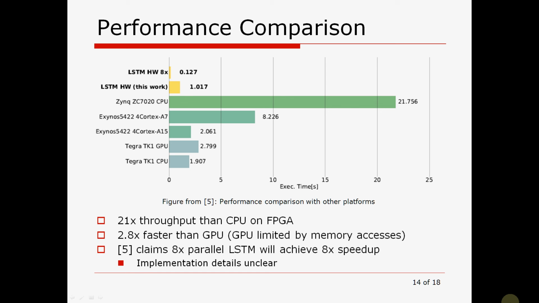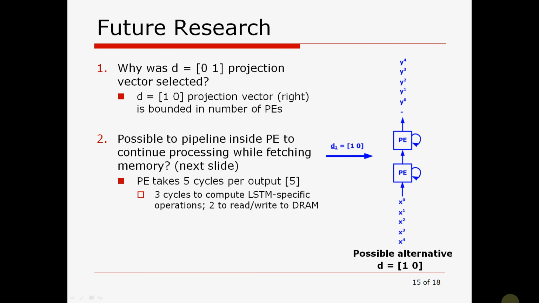In any case, they do achieve a 21x throughput increase compared to a CPU running on that same FPGA, as well as a 2.8x speedup over a GPU. But the GPU, I suspect, was limited by memory accesses, and so I'm not sure if this would scale with larger RNNs.